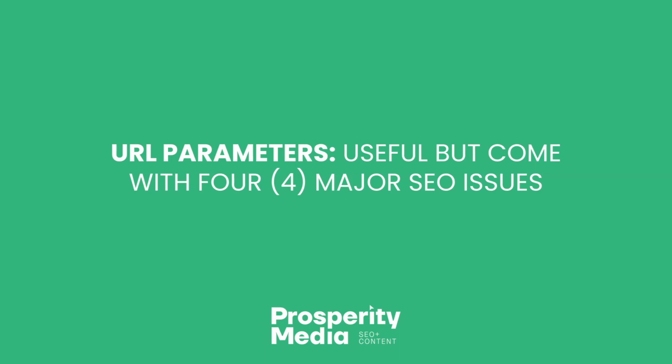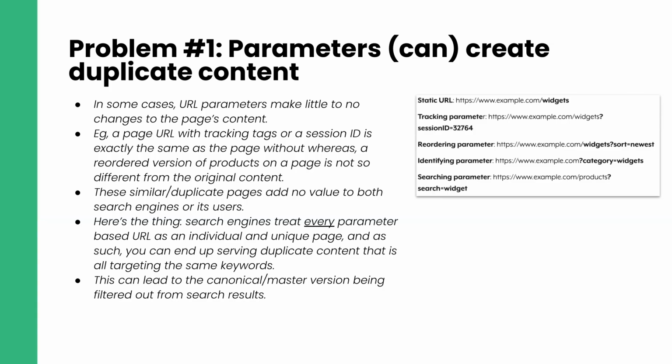So URL parameters are useful, but they do come with 4 major SEO issues. And what are they? Well, problem number 1. Parameters can often create duplicate content. In some cases, these make little to no changes to the actual page's content.